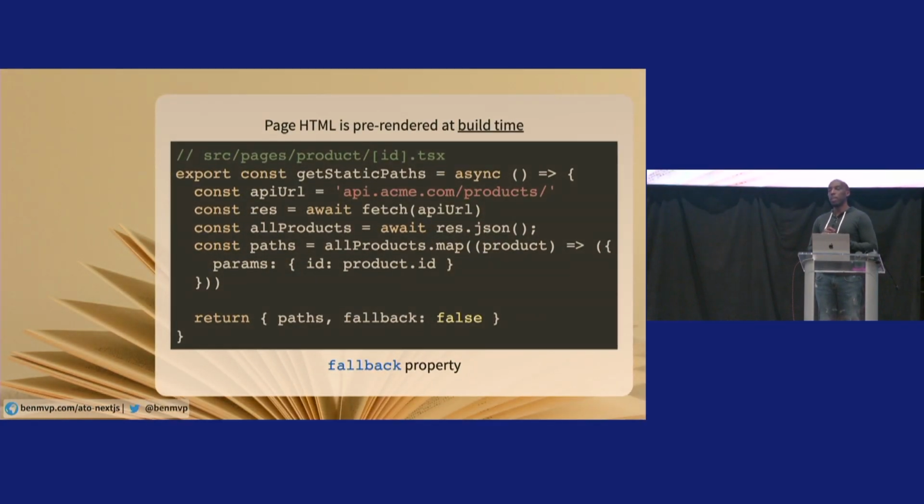So here's how SSG is different than SSR, besides being one letter different. HTML pages are pre-rendered at build time. So this is even before the server starts. I like to think of the mental model as it's being generated at CI time, like in your Travis CI, Circle CI, GitHub Actions.